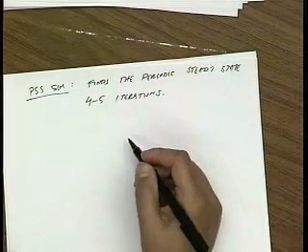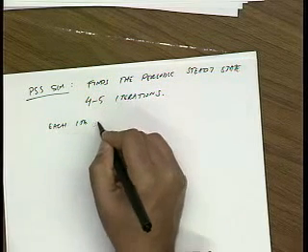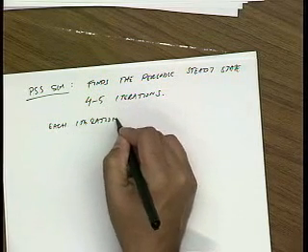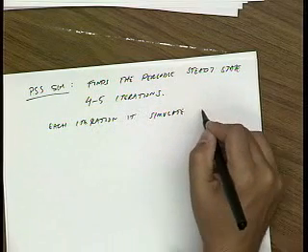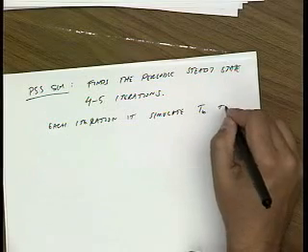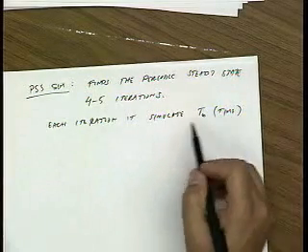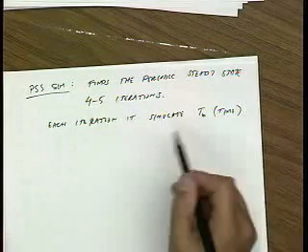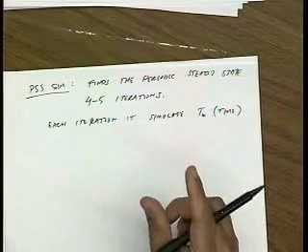In each iteration it simulates about T naught, so it only simulates roughly one cycle of the circuit. So within 4 or 5 iterations of simulating one cycle, it finds the periodic steady state.